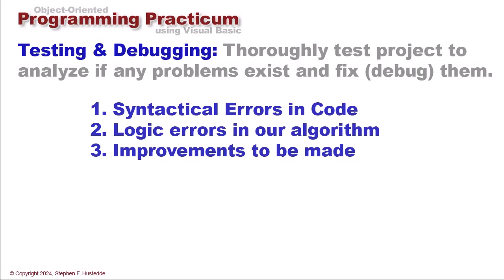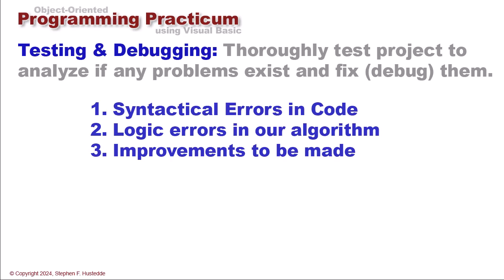So we always want to make sure that our projects work consistently and perfectly, so we want to thoroughly test. There are three things we might look for in the testing and debugging phases. And one is syntactical errors in our code. Oftentimes this is disruptive. It causes our program to crash. These could be things like we've used the wrong data types, or we misspelled something, or left a comma out somewhere.